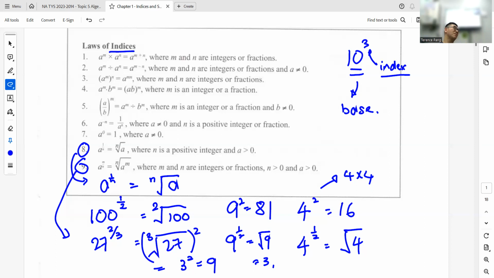So a to the power of x over y equals the y-th root of a, to the power of x. That seems easy enough. So let's say a to the power of 53 over 5 would be the 5th root of a, all to the power of 53.